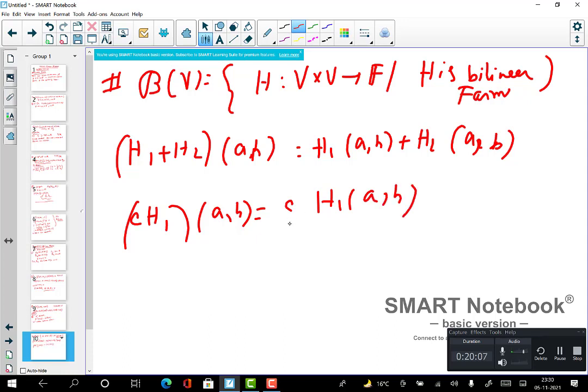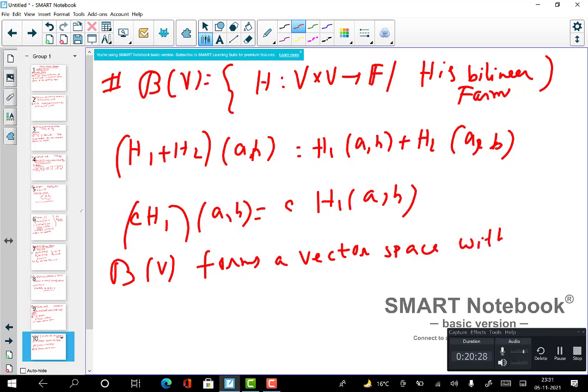And you see that these two operations satisfy all the properties of a vector space, so B(V) forms a vector space with respect to the above two operations.